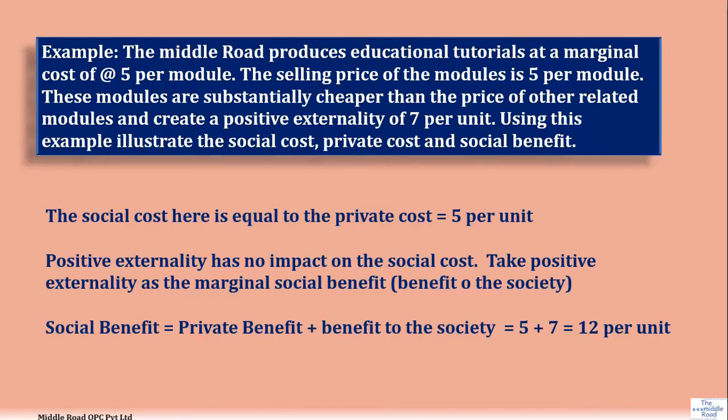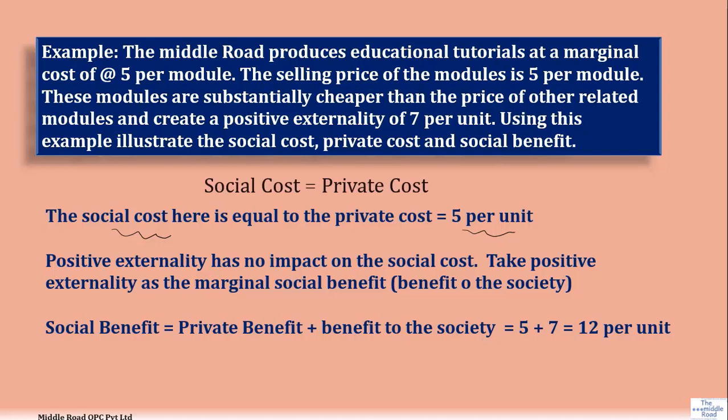In this question, we are trying to understand social cost, social benefit, and private benefits. This is an example of positive externality. Whenever I'm talking about positive externality, there is no external cost, so the social cost is equal to private cost.